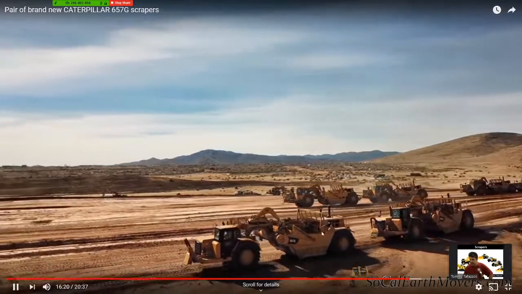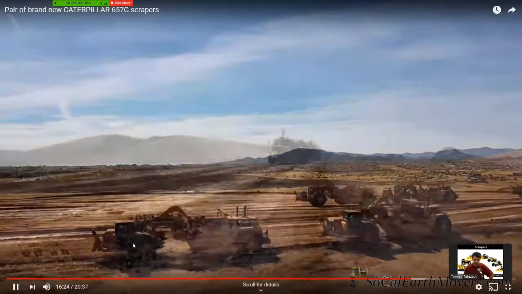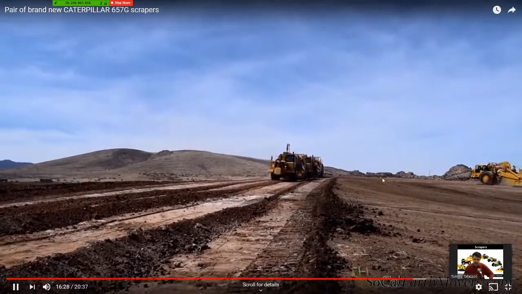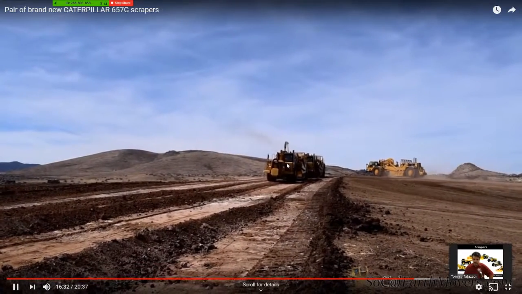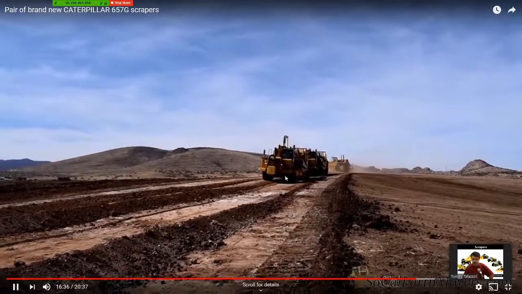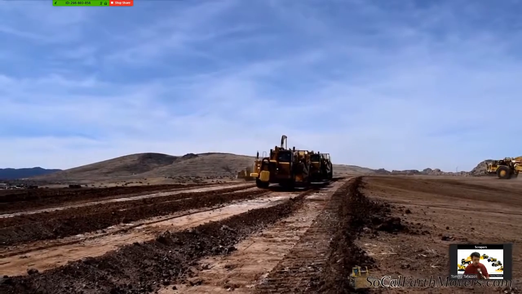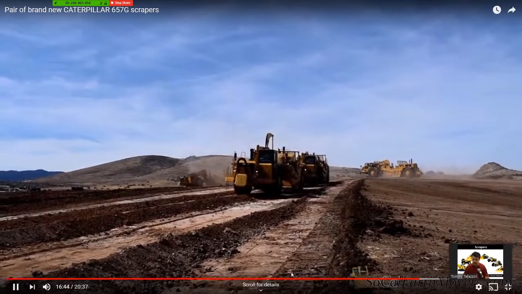As you can see, this is the part that pulls it, and the engine is in the front part. There are scrapers with two engines, in which one engine is in front that pulls and the other engine is in the rear, and it pushes the load of the equipment.